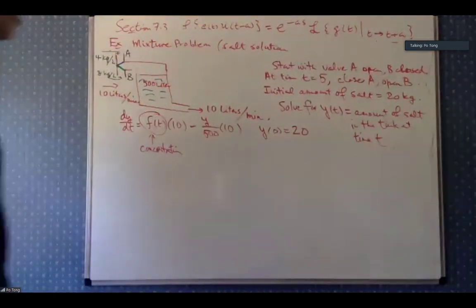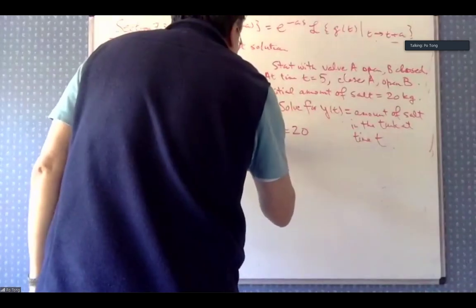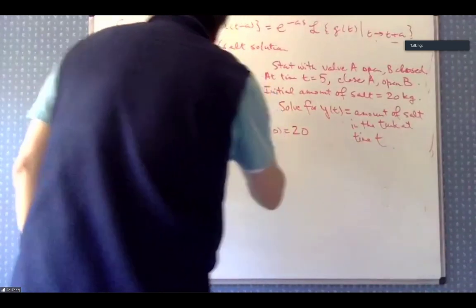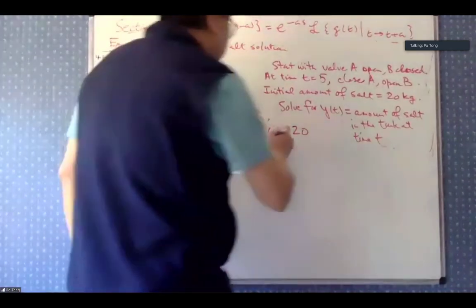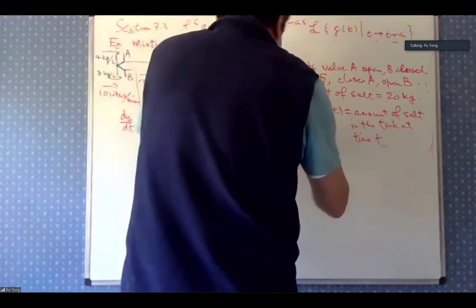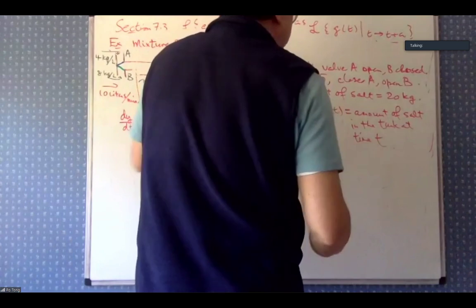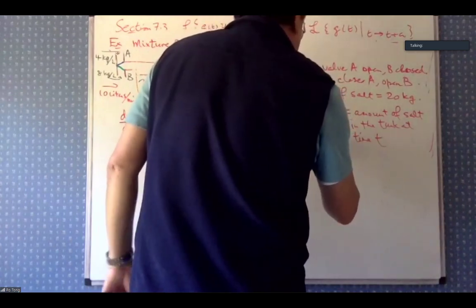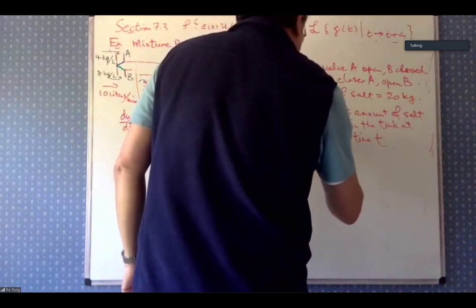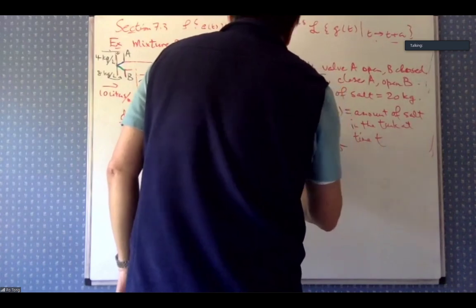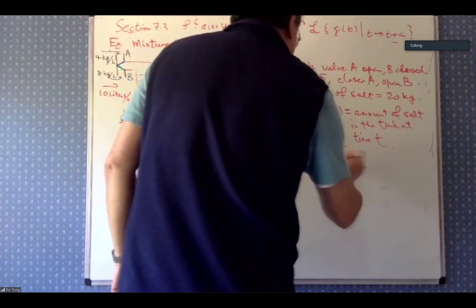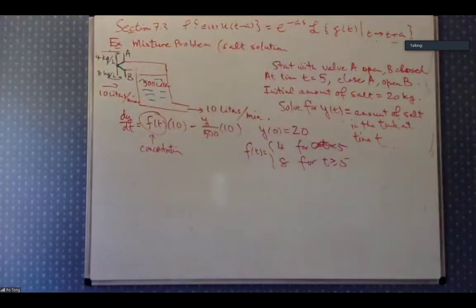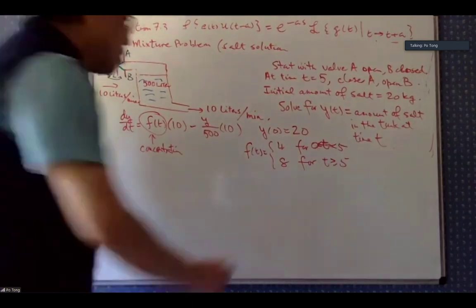Now I have to write down what f(t) is. f(t) is actually equal to 4 at the beginning, and later it's equal to 8. So how do I write this in a compact form?